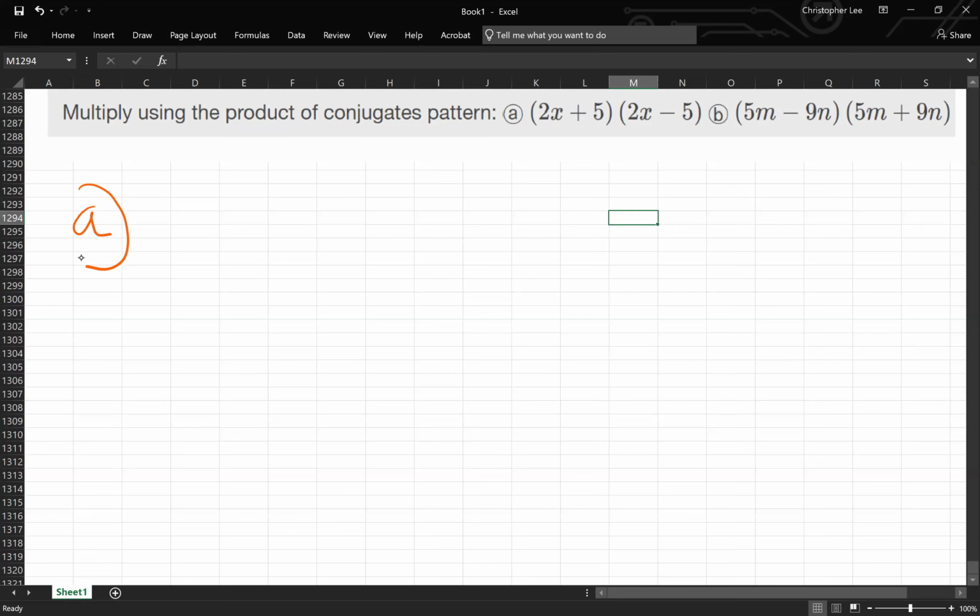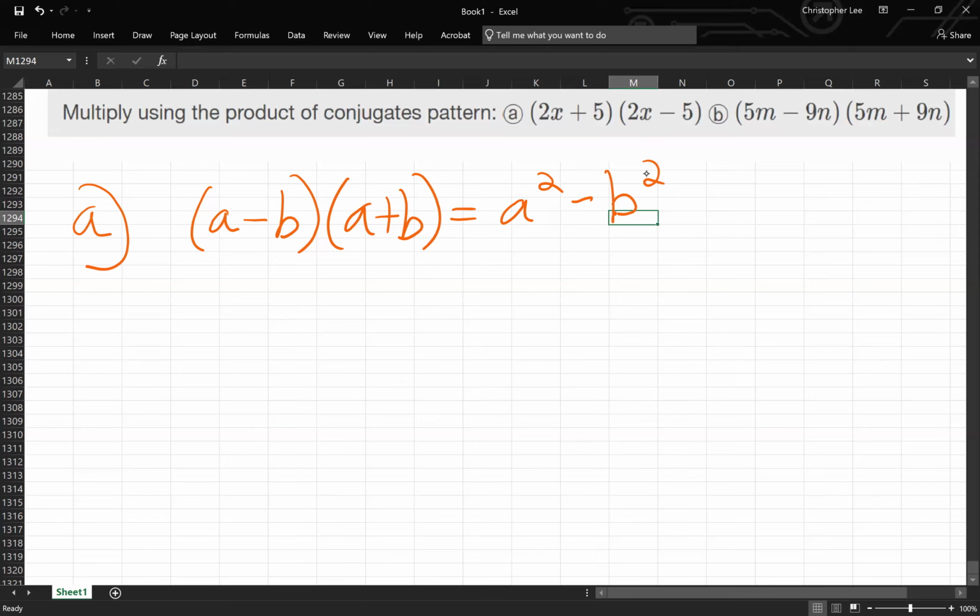But real quick, our formula for this is what? A minus B times A plus B is equal to A squared minus B squared, right? That's our conjugate pair. So for my question here, I have 2x plus 5 times 2x minus 5.